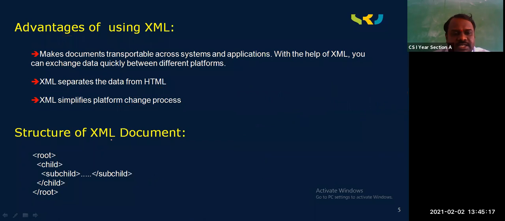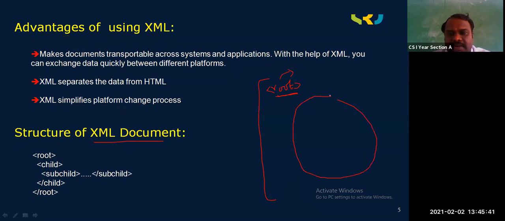And the structure of this XML document. When you go for the structure, your XML document should be enclosed in a root tag. This root tag is not a predefined tag. In the place of root, you can write anything, but your entire XML code must be enclosed in one tag.